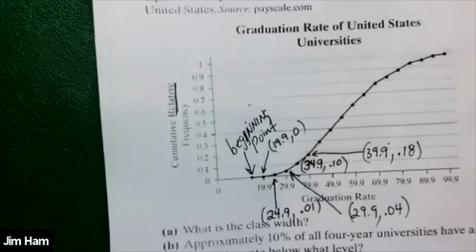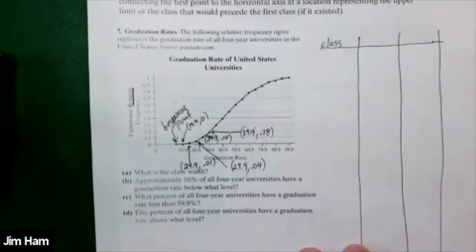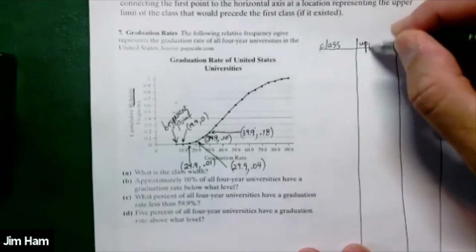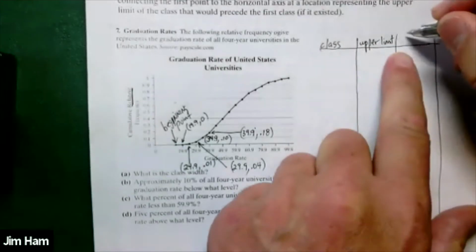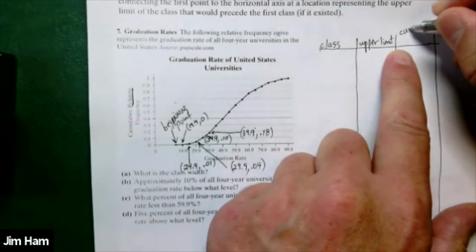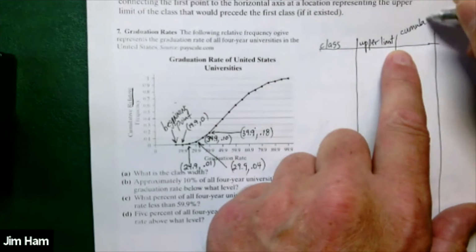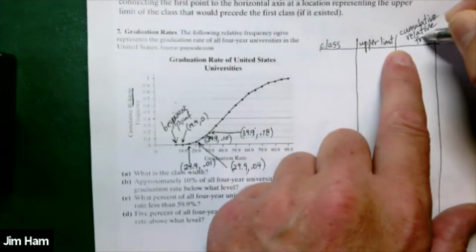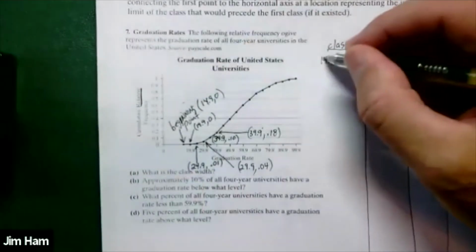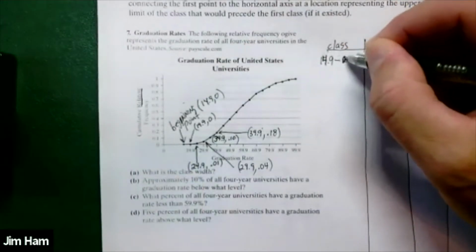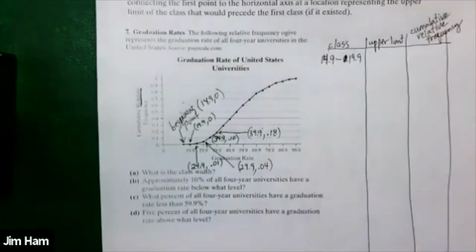So I'm going to do class. I'm going to write the upper limit because that's going to be the x coordinate of the class. And then I'm going to do cumulative relative frequency, 14.9, 0. So this one goes from 14.9 to 19.9.